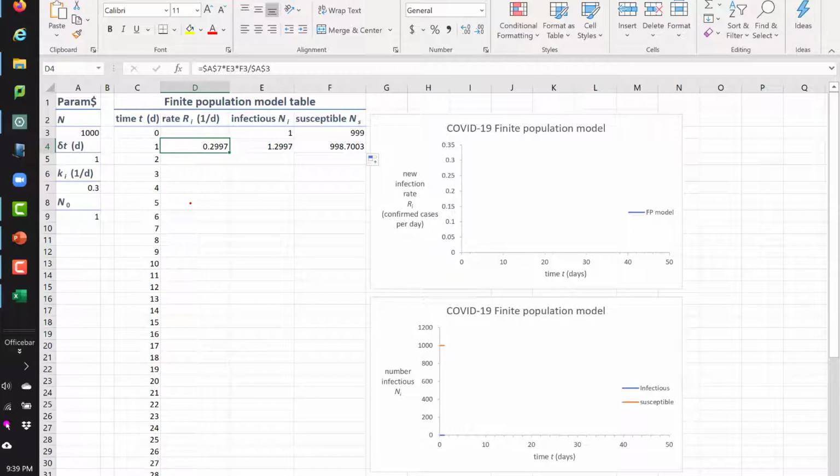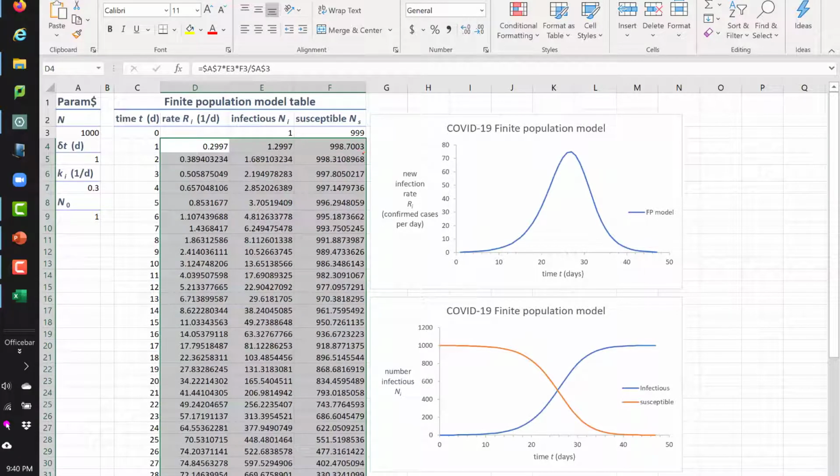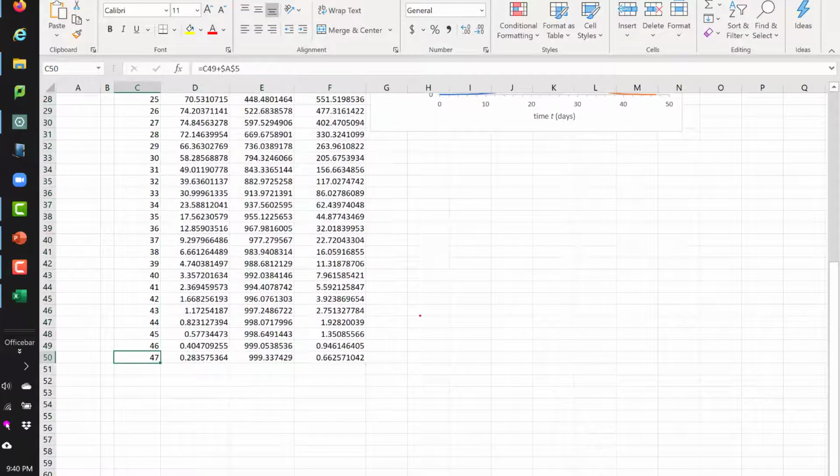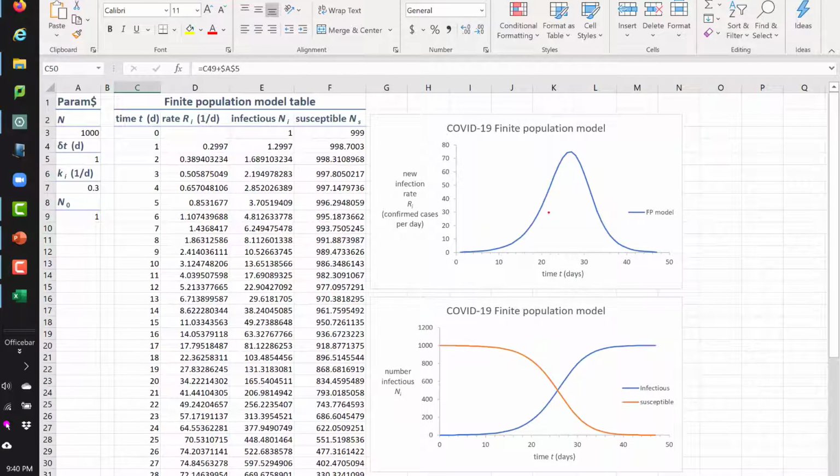And one of the cool things about Excel is that if you highlight, so if I click in the middle of this cell and then left click drag across, I can highlight them. If I move to that blob on the bottom corner, get that closed cross, and left double click, it fills in the spreadsheet down to the bottom, which goes out to day 47, and it actually shows you the curve.